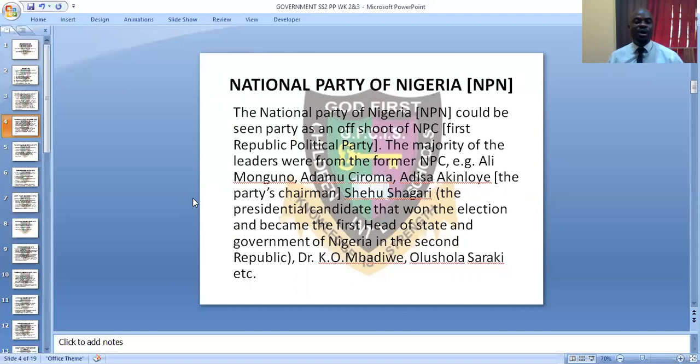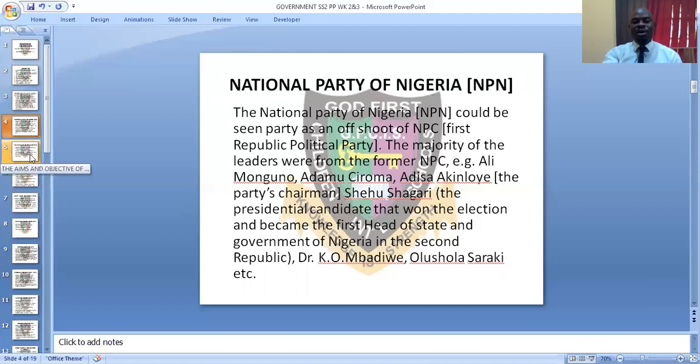For example, we have Ali Monguno, Adamu Ciroma, Adisa Akinloye, who was then the party chairman. I also have Alhaji Shehu Shagari, the then presidential candidate, who won the election and became the first head of state and government of Nigeria in the Second Republic. We also have people like Dr. K.O. Mbadiwe and also Olusola Saraki, and so on and so forth.